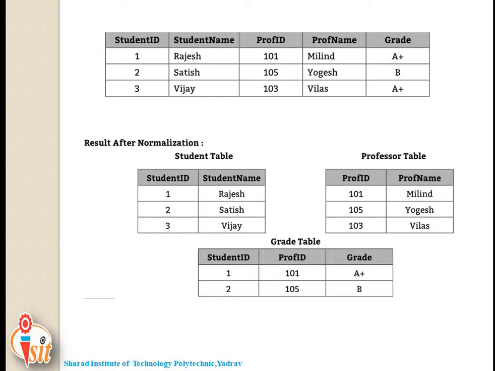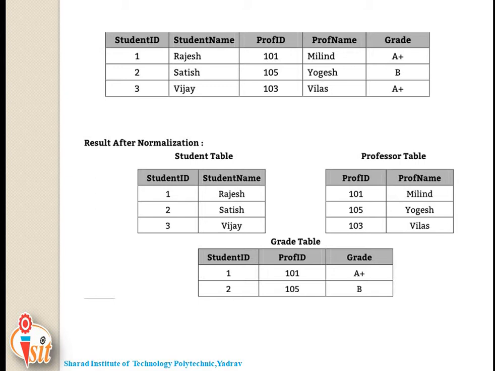Now the attributes student ID and professor ID are identification keys. The following functional dependencies exist in the table. The attribute professor name is functionally dependent on attribute professor ID.